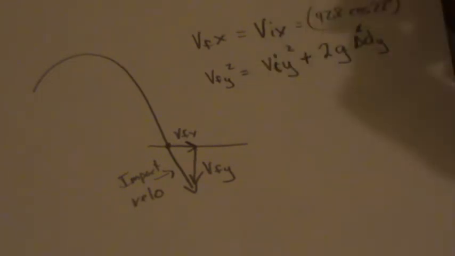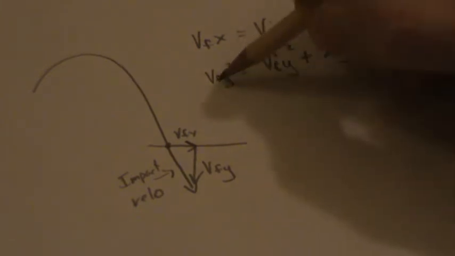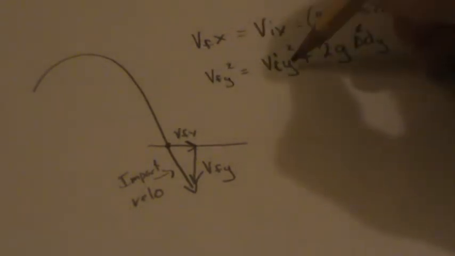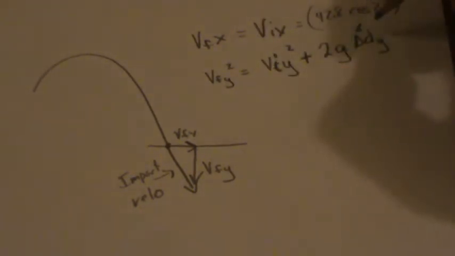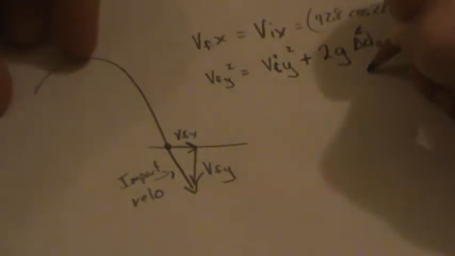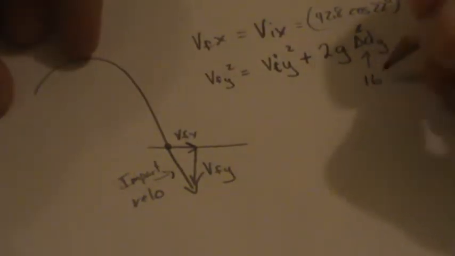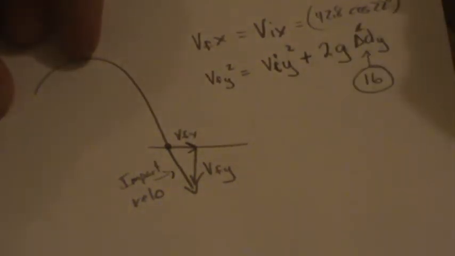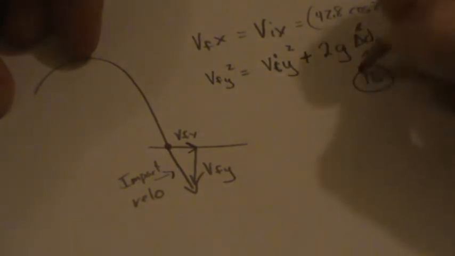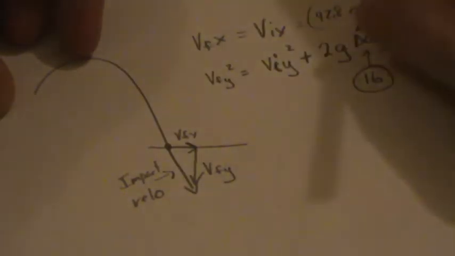Now, we could use this formula here to find the VFY, but the problem is we don't know how high. Oh no, we do know. We do know that it is 16, or it might be a negative 16 or positive 16, depending on what you choose.